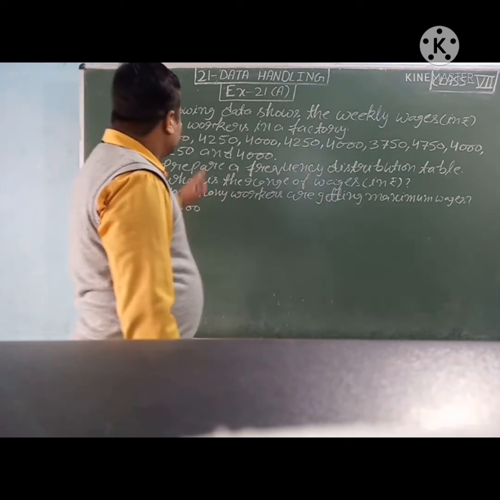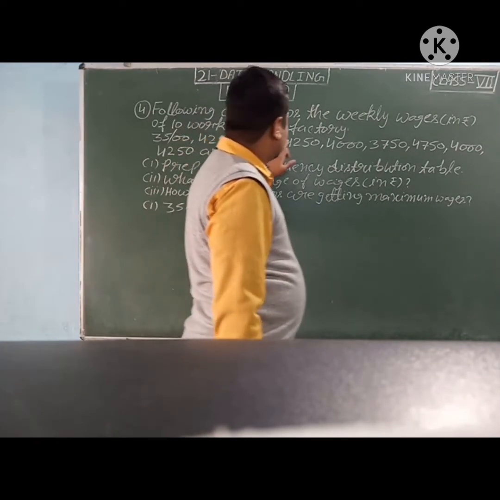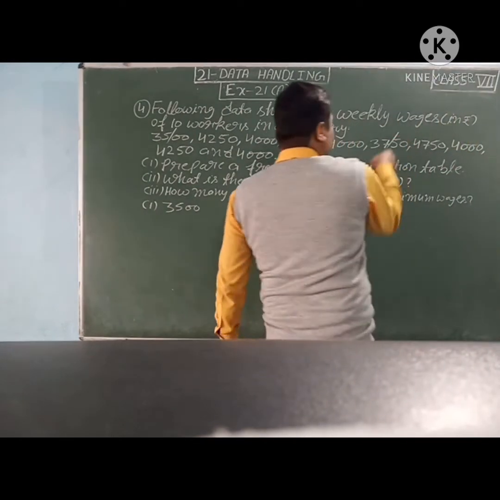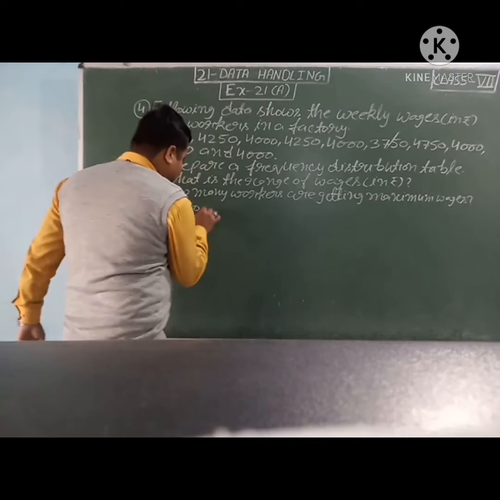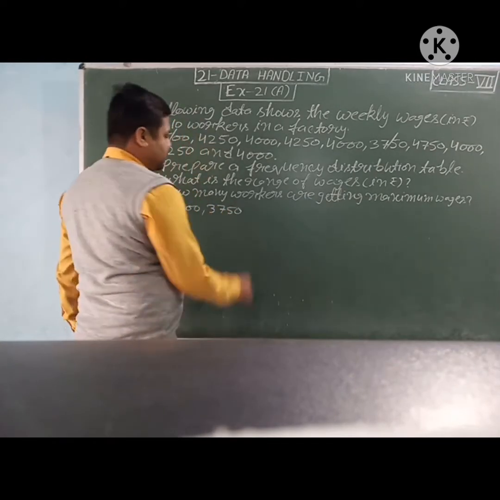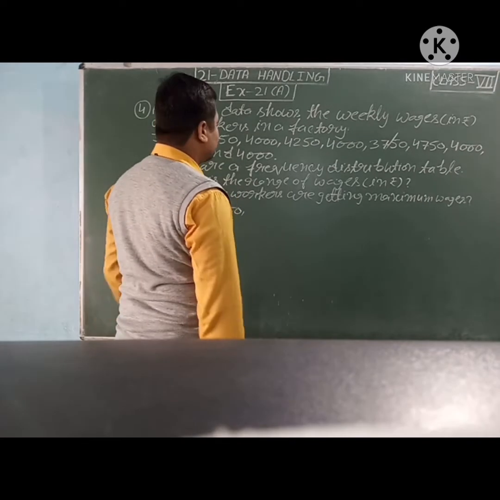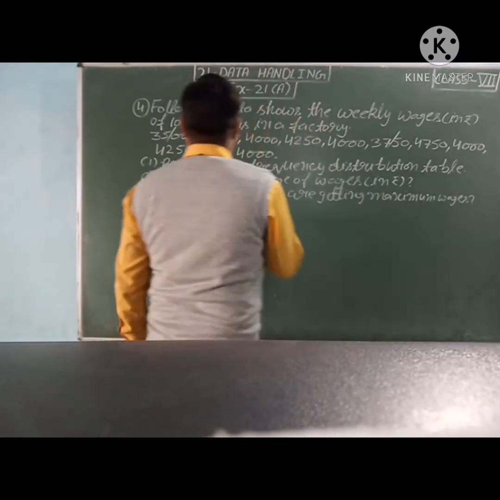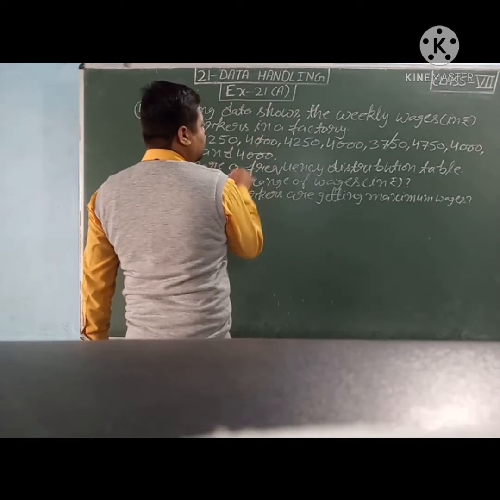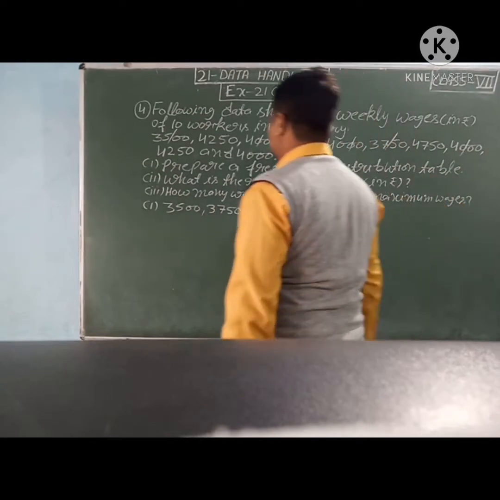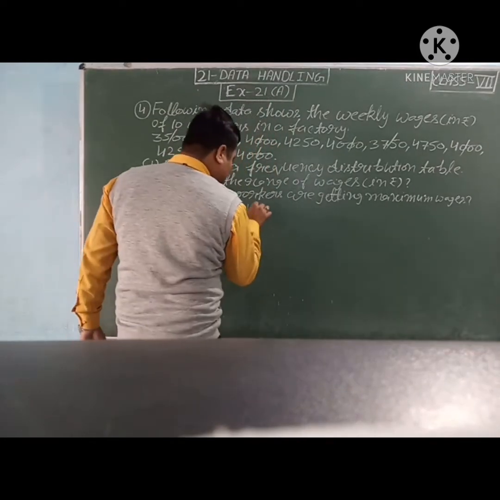After this, 4,250, 4,000, 4,000, 3,750, 3,750. Then 4,000, 4,000, 4,000, 4,000. Yes, 1, 2, 3, 4. 4 times 4,000.